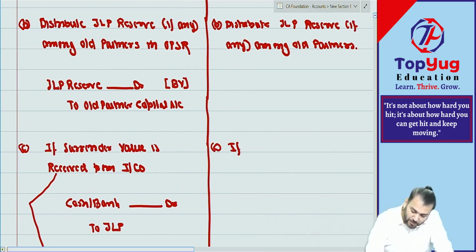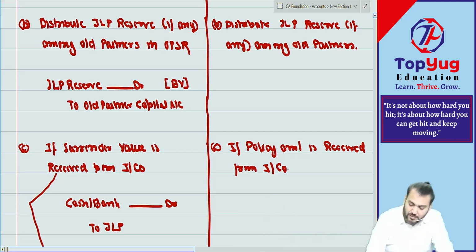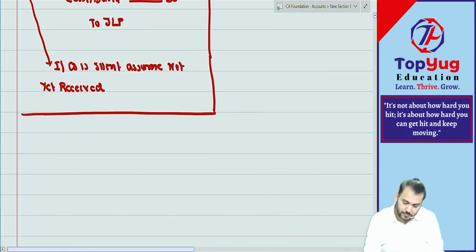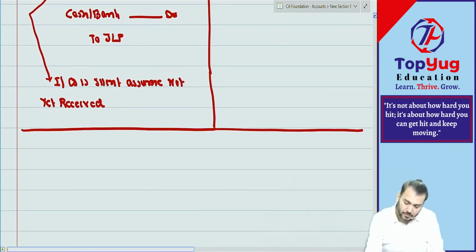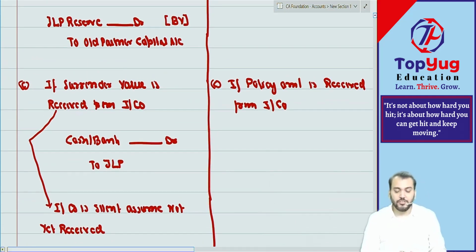If the policy amount is received from which company? You can see I have only changed surrender value to policy amount. Journal entry remains same. If the policy amount is received from the insurance company, write the same journal entry.